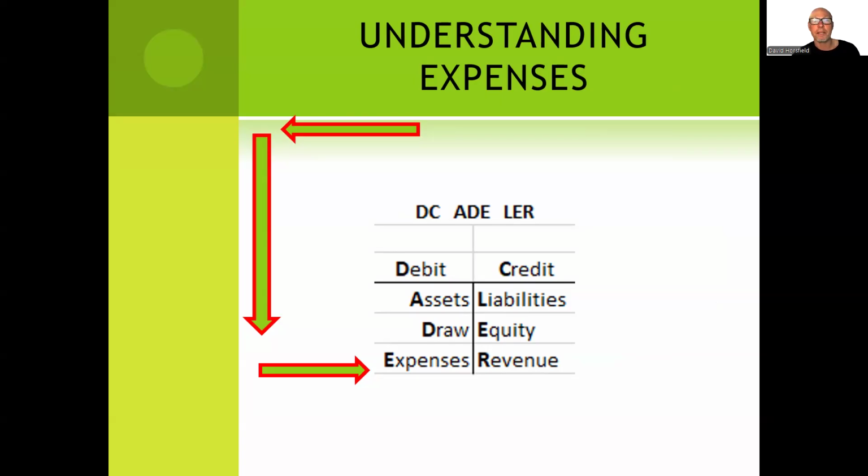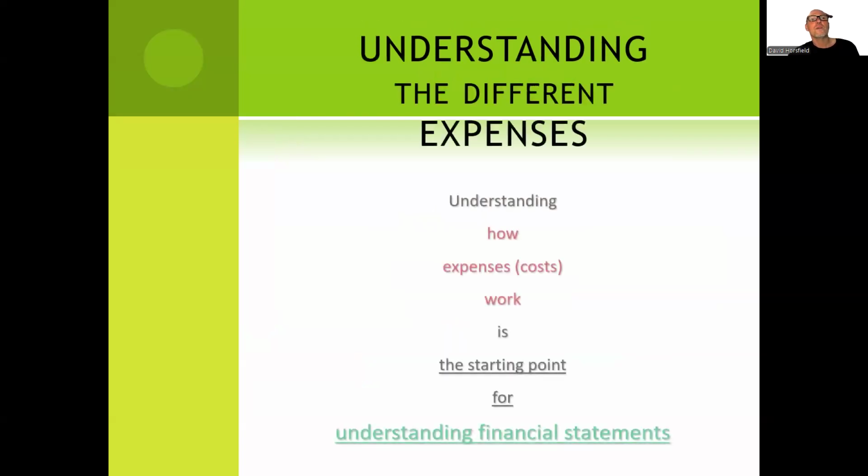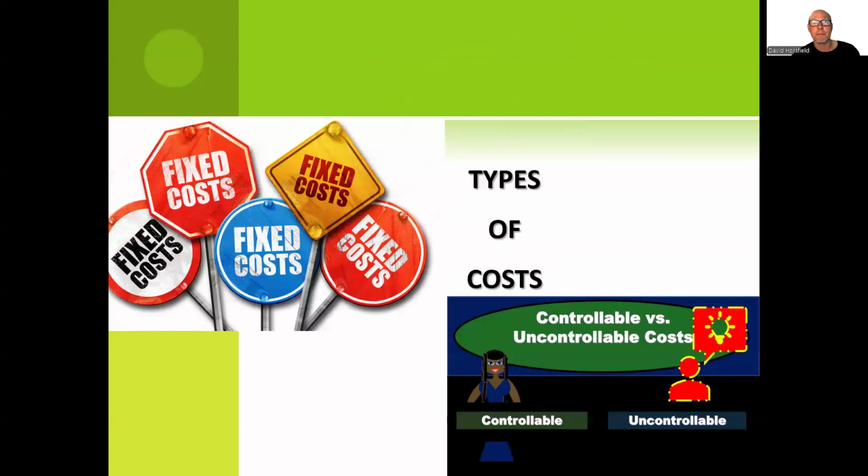If we can understand how different expenses work, that's a starting point for understanding the financial statements we're going to be generating shortly. Understanding expenses helps us build financial statements and, fundamentally, helps us understand what's in them.